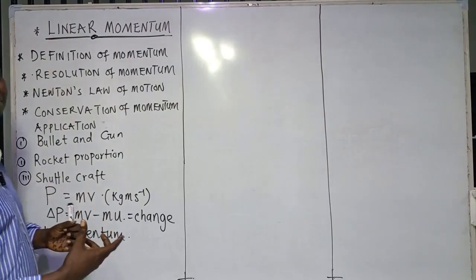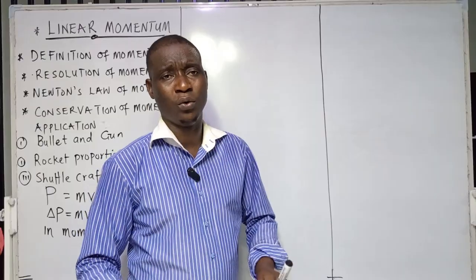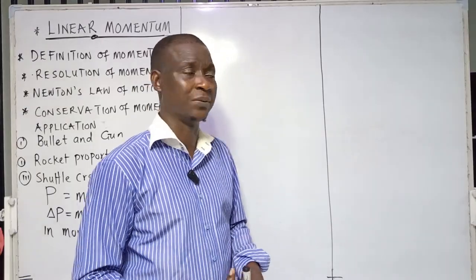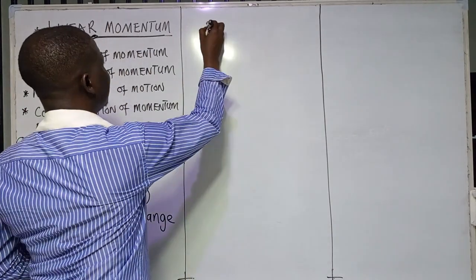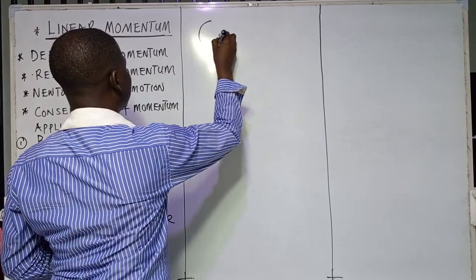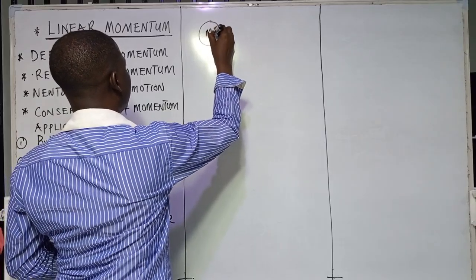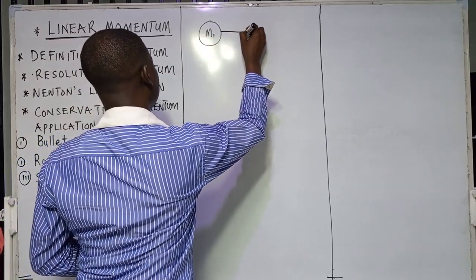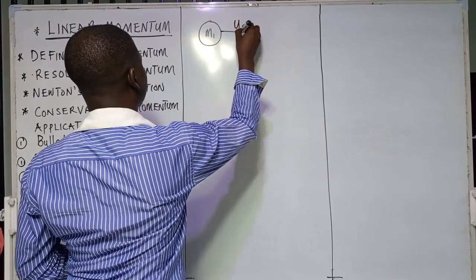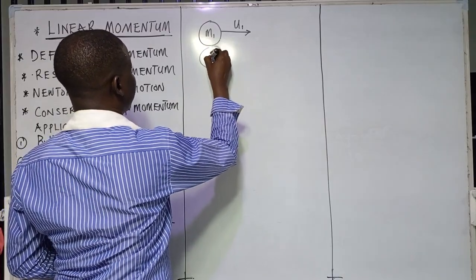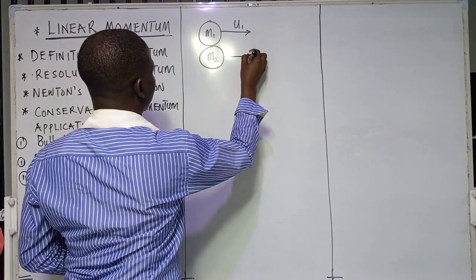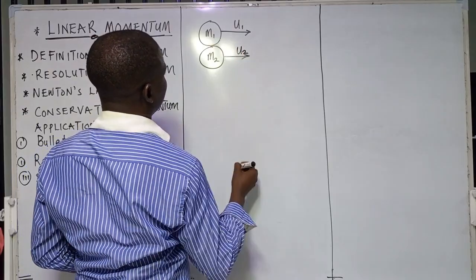And let us look at momentum as a vector, because we say it's a vector quantity. Now let's look at a case where this is a body, let's say a body of mass m1 moving with a velocity u1. Now let's look at mass m2 moving with a velocity u2 in the same direction.